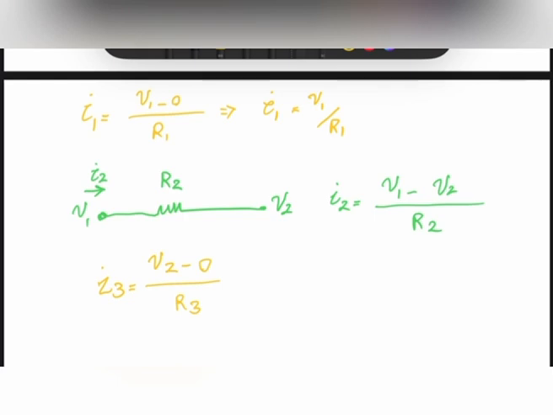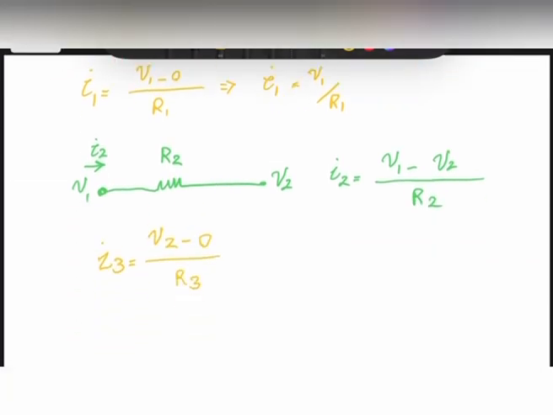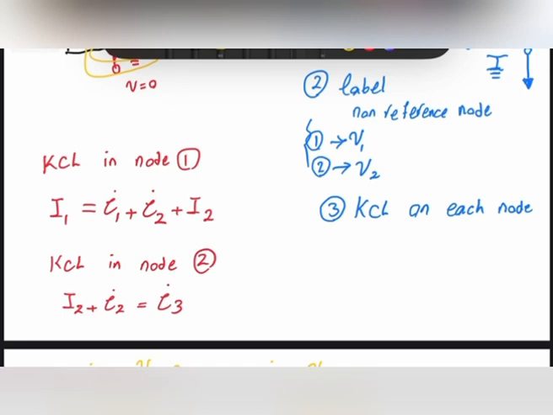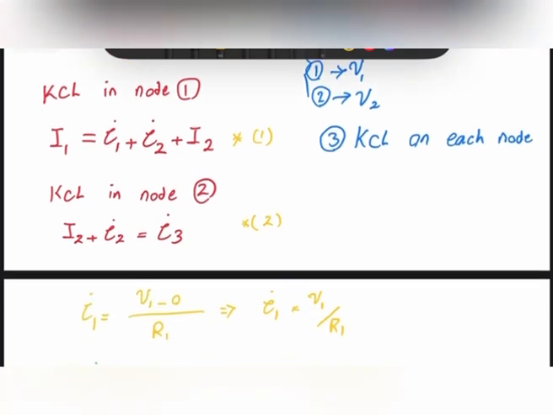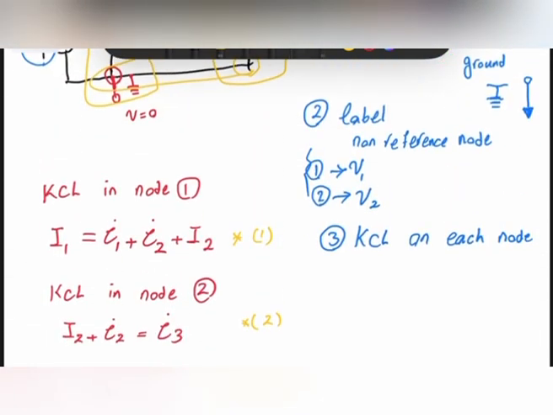So now since we have I1, I2 and I3, we can replace these values and add them to the equations that I am calling equation 1 and equation 2. So what is my I1? My I1 is equal to I1 plus I2.